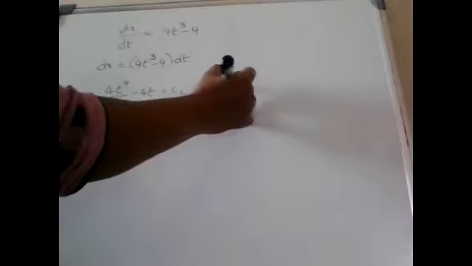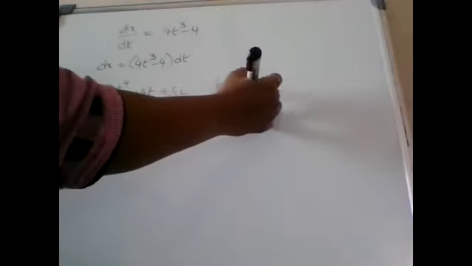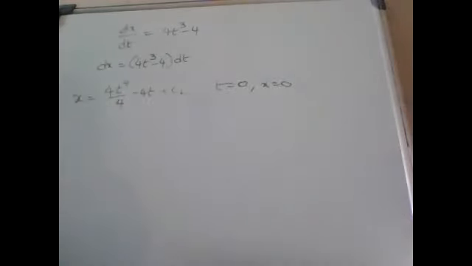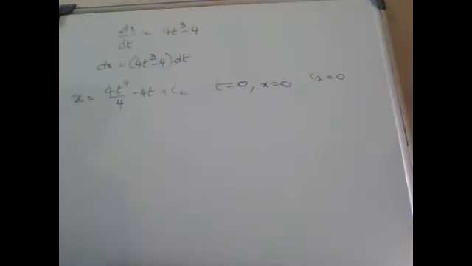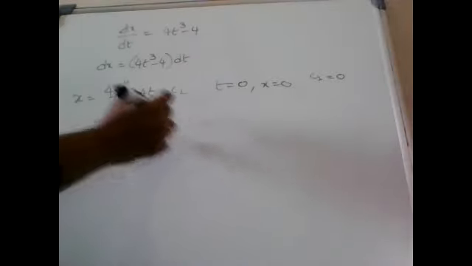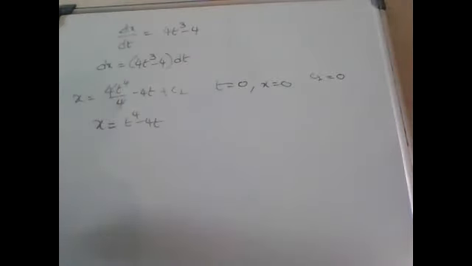So substituting boundary conditions, t equal to 0, x equal to 0, we get c2 equal to 0. So from that x equal to t power 4 minus 4 t, after 2 seconds.